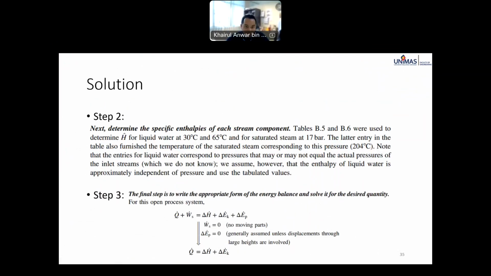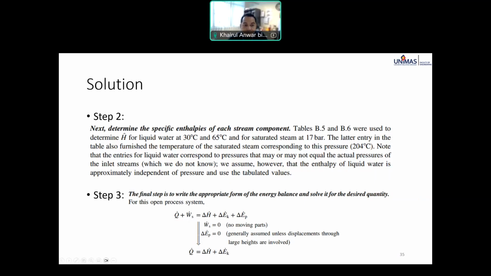Next, determine the specific enthalpy of each stream component. Tables B5 and B6 can be used to determine the specific enthalpy of liquid water at 30 degrees C and 65 degrees C. Since this is below 100 degrees C, you can use table B5, which is easier, but you need to make sure which one is water and which is steam.